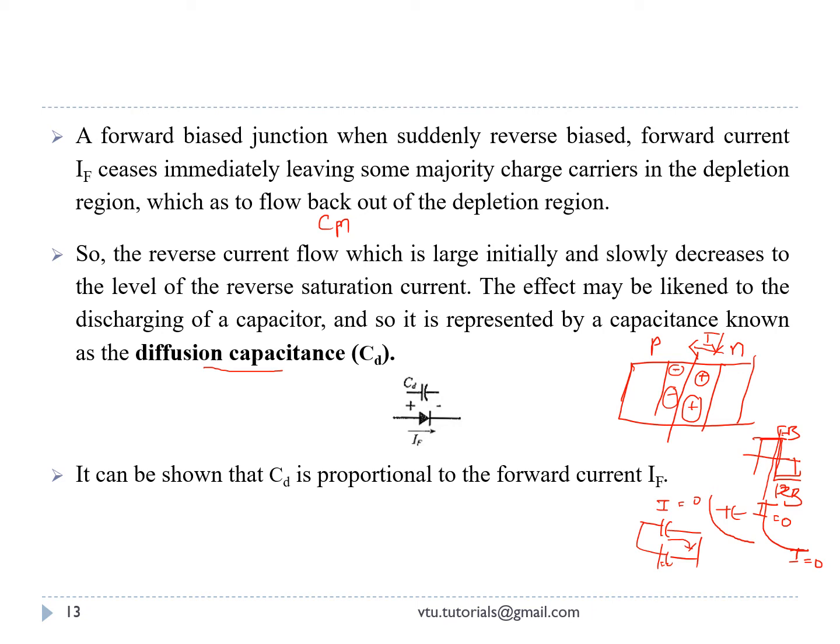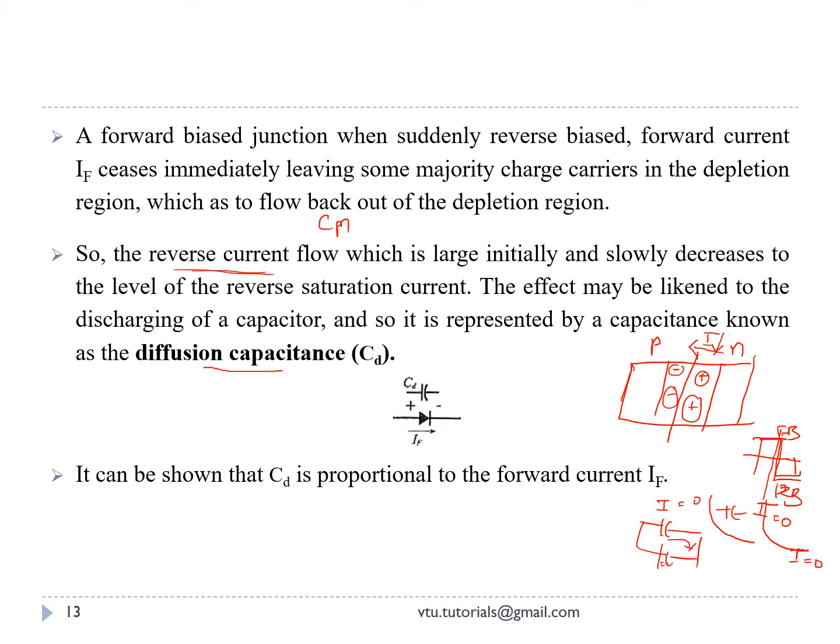When we change the voltage from forward bias to reverse bias, there is a decrease from some current to 0. So this is once again the capacitive property, and it is depicted by the diffusion capacitance CD for a diode.